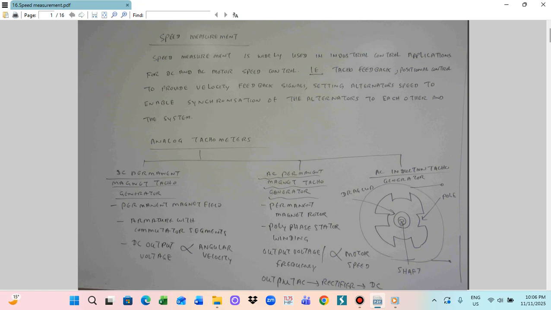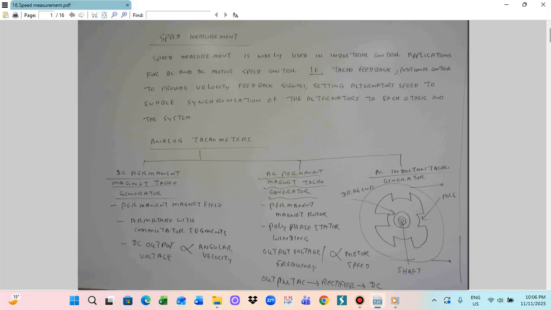Regarding the tachometer, there are two kinds: analog tachometer and digital tachometer. Today we will give you a more detailed explanation of speed measurement and the tachometer. Speed measurement is widely used in industrial control applications for DC and AC motor speed control, for example tacho feedback control to provide the velocity feedback signal, and setting the alternator speed to enable synchronizing of the alternators to each other and the system.